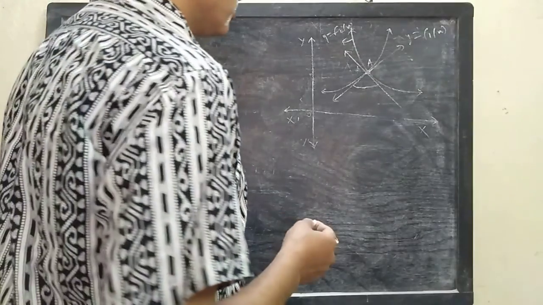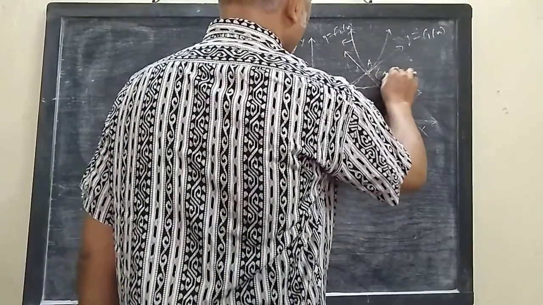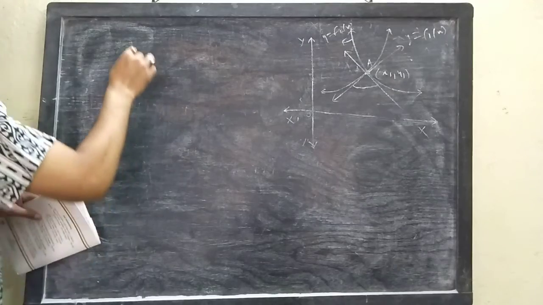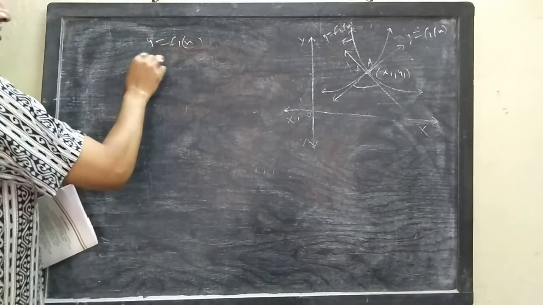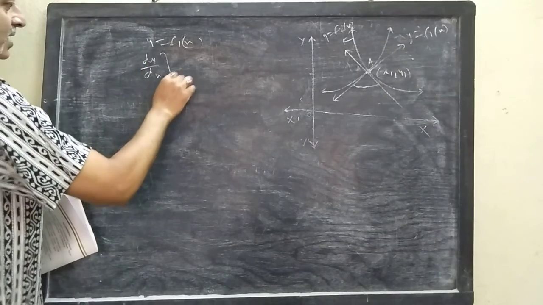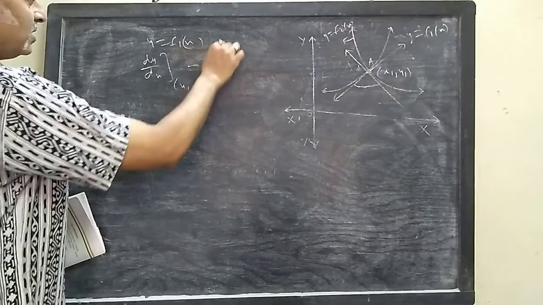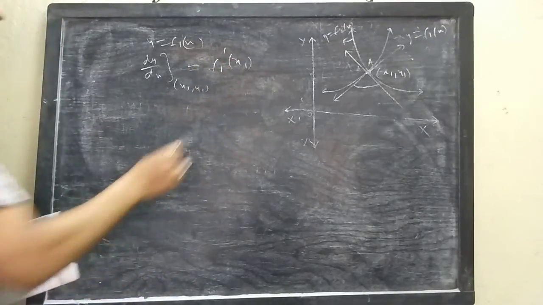Now, how can you find this angle? Just see, suppose the coordinates of this point are (x1, y1). Now, for the curve y equals f1(x), we find dy/dx at (x1, y1), that will be f1'(x1).